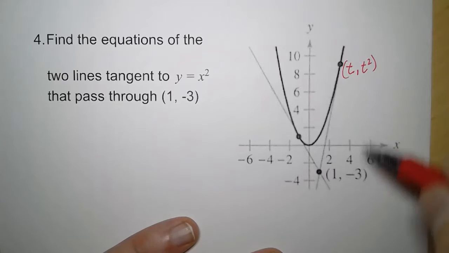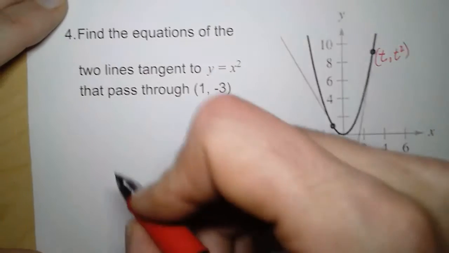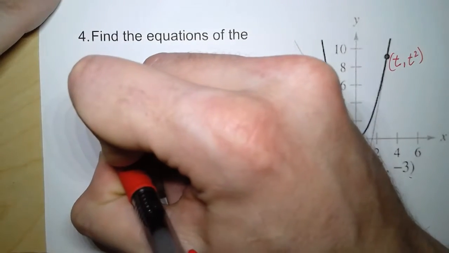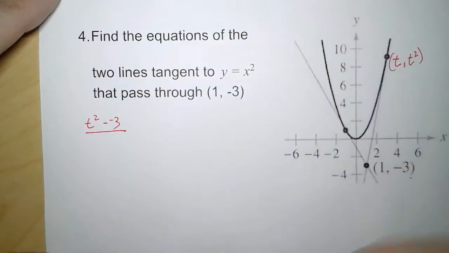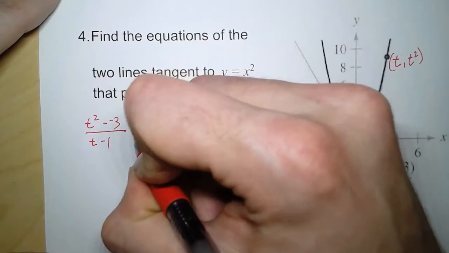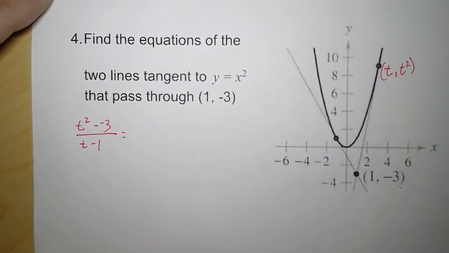And so if I set up the slope between these 2 points, it's going to be the change in y values, so that's t squared minus negative 3, all over the change in x, t minus 1. But this is a tangent line. And so because it's a tangent line, we know that the derivative is the slope of the tangent line.